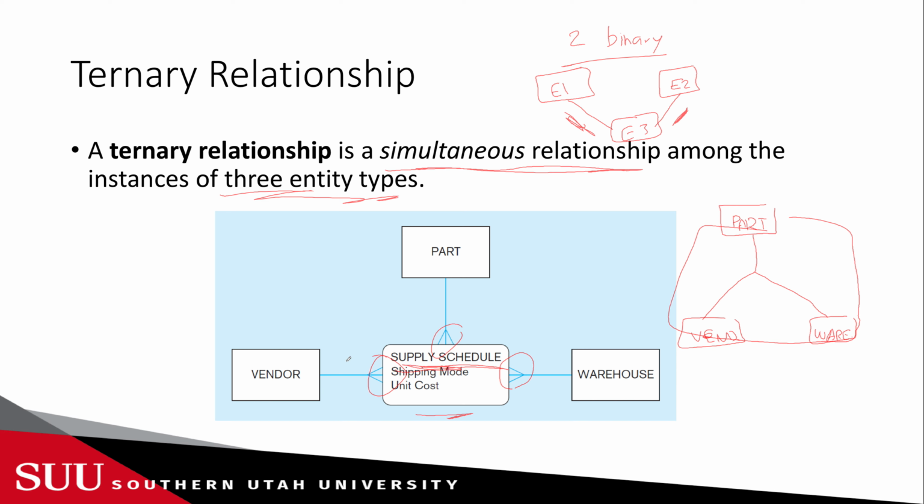But if I have this without the associative entity, now this is going to look something like this. So I will say a part is supplied to multiple warehouses by multiple vendors, and the warehouse gets multiple parts from multiple vendors, and the vendors supply multiple parts to multiple warehouses. And this is how you read it. So since I have a three-way relationship, then I will have three business rules.